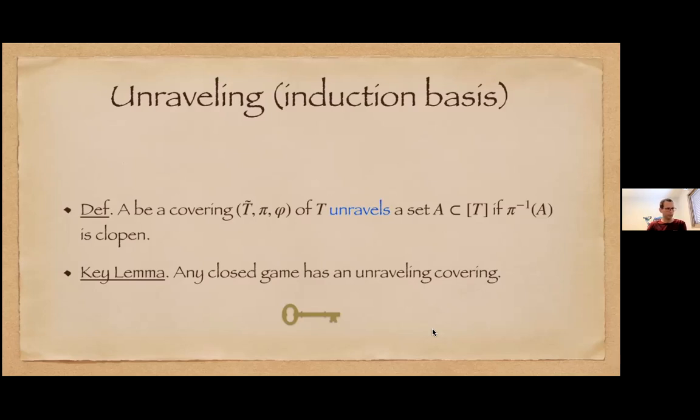Then we say that it unravels the set A. And of course, if a game can be unraveled, then it is determined, because closed and open games are determined. And now the key lemma is to show that any closed game has an unraveling covering. That will be the key lemma. And from there, everything works smoothly once you prove this lemma.